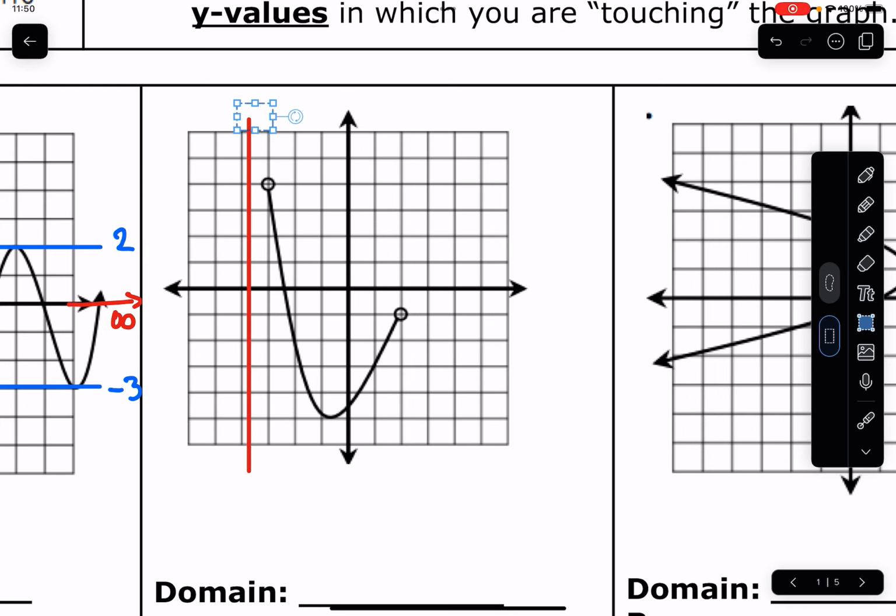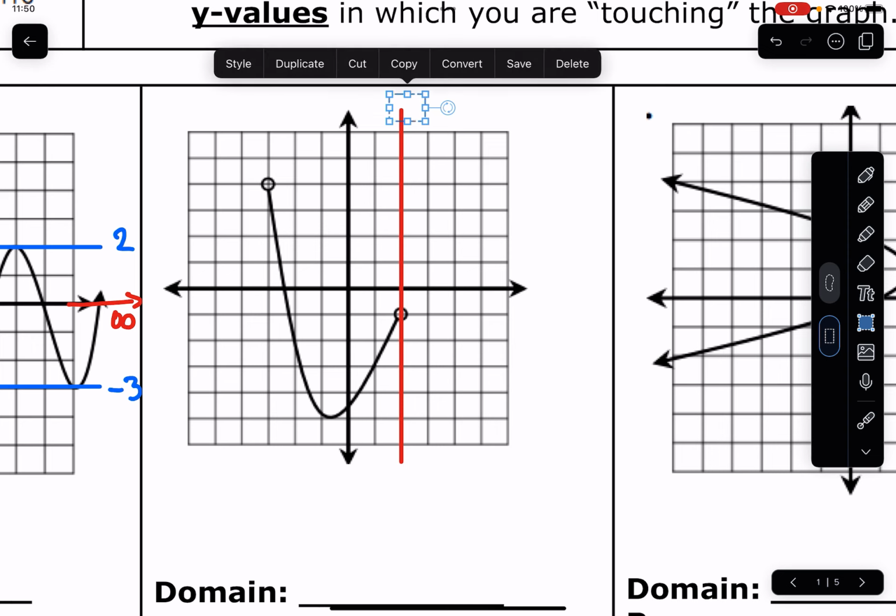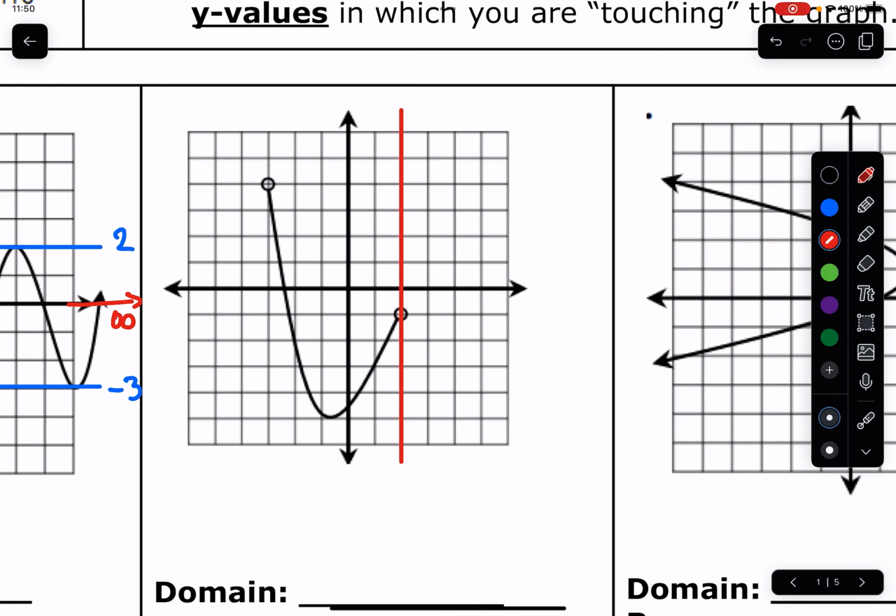It starts to exist when we get to that point there. And then again, this vertical line keeps touching pieces of the graph until we get to this endpoint here. After that endpoint, the vertical line, the red line, doesn't touch the graph. So this graph here exists between these two red lines, between that red line there and this red line on the left.